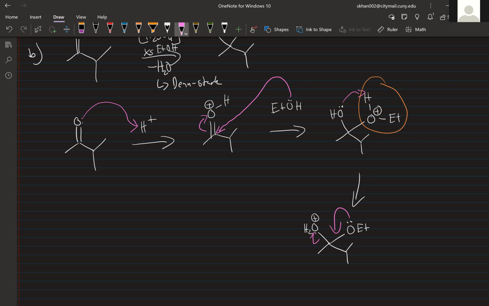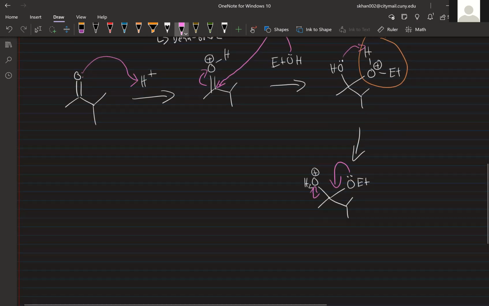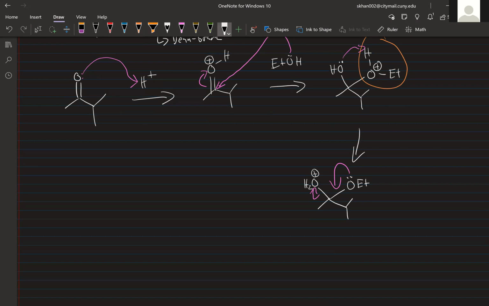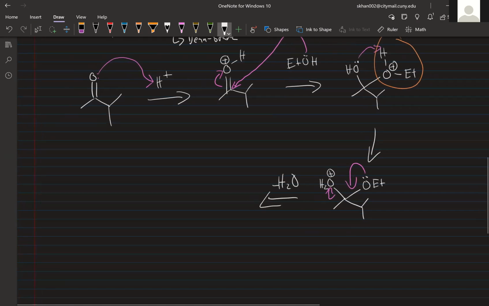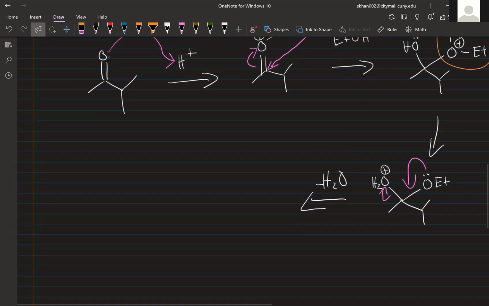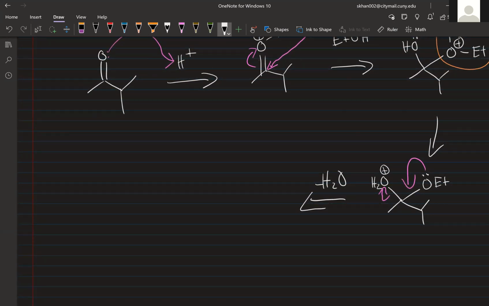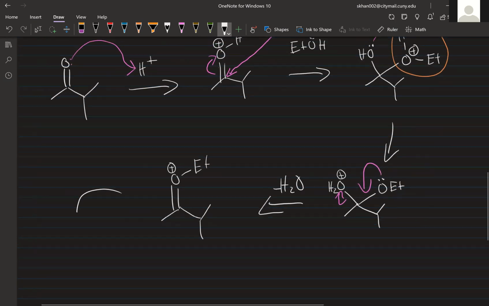That kicks off, right? So water now leaves. Let's say minus H2O, right? And now we have your reformation of your carbonyl. And then your next step is literally a repeat of steps.